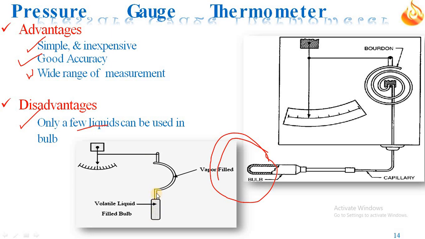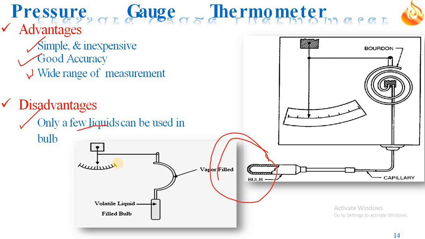Due to the pressure of this fluid, this C-shaped tube, called a Bourdon tube, will try to become straight, and this movement will be transferred to the pointer via this link, and accordingly we will get the temperature on this scale.